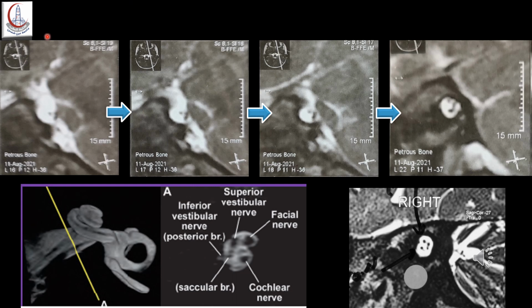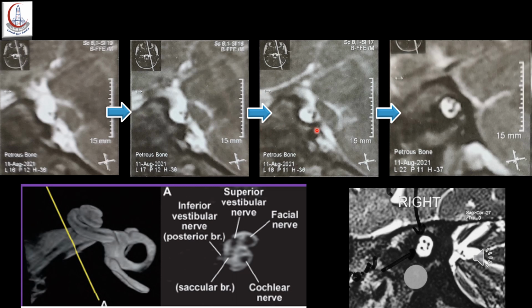In this series of cuts, starting from the area of the cerebellopontine angle, we can follow the nerves from the brainstem into the cerebellopontine angle, and here we can see that we have 1, 2, and 3 nerves: the facial nerve anteriorly, the vestibular nerve superiorly, and the cochlear nerve inferiorly.